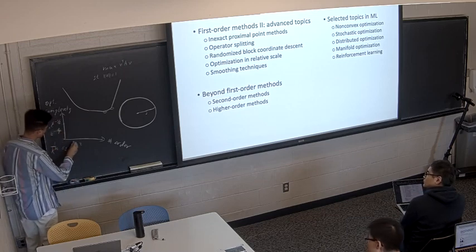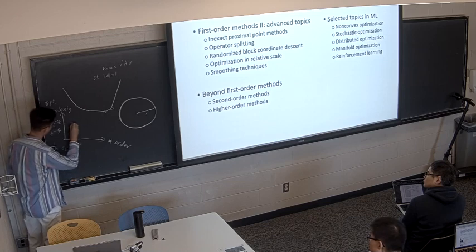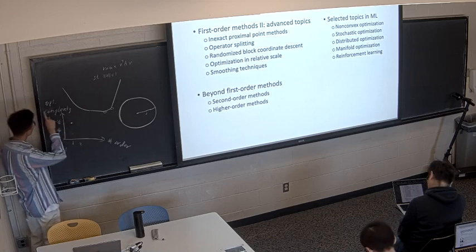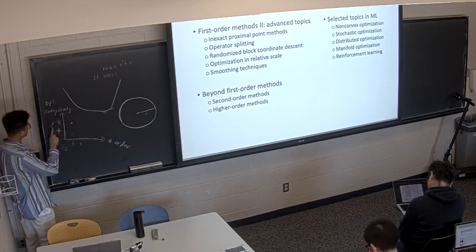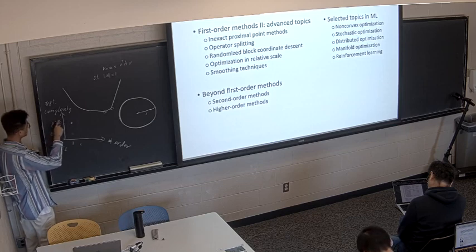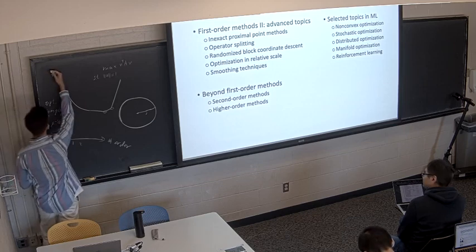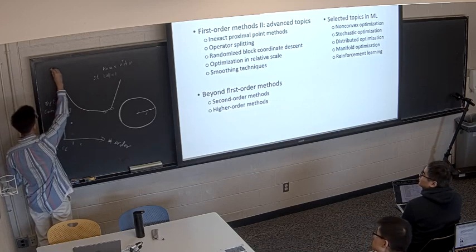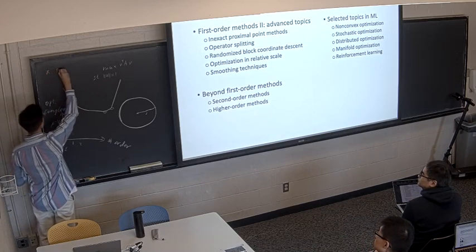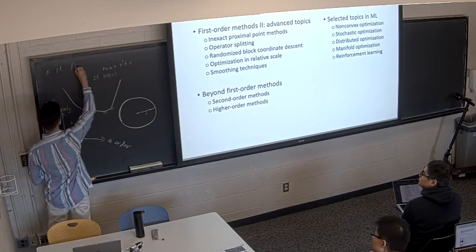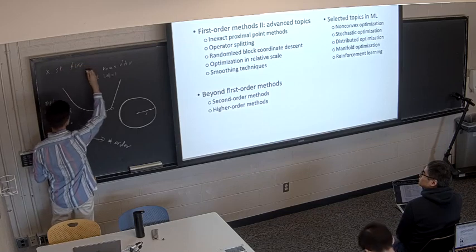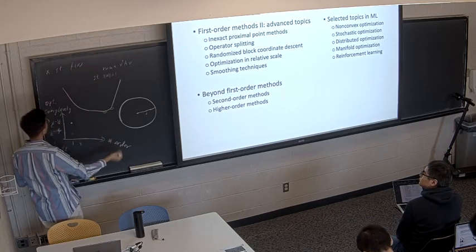So if you want to do first order, the optimal complexity for first-order methods is epsilon to the minus 1/2. Epsilon is a tolerance. So if you want to find a point x such that the function value of x is within epsilon distance to the optimal value.